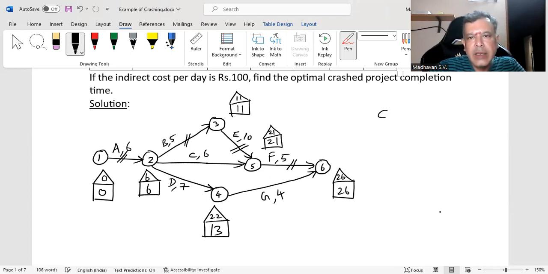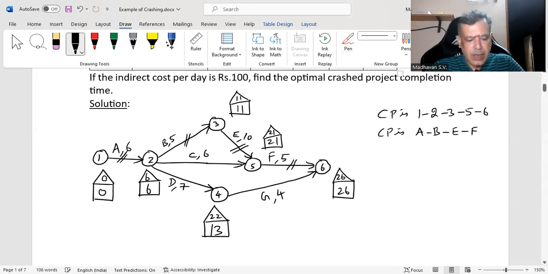So I can write here, critical path is 1 to 2, then 2 to 3, then 3 to 5, and then 5 to 6. In terms of the activities, 1 to 2 is nothing but A, 2 to 3 is nothing but B, 3 to 5 is nothing but E, and 5 to 6 is nothing but F. So that is our critical path.